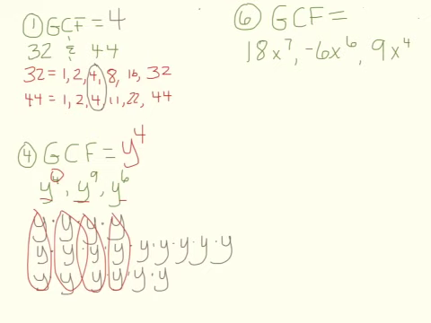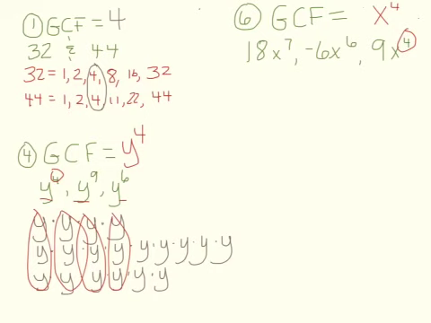Now on number 6, I've got both numbers and variables. So the first thing we want to do is find the greatest common factor between our numbers. And we know the greatest common factor between these variables, again, is the one that has the smallest exponent, so they all have at least 4 x's in them. So I know right now that the greatest common factor for sure is something times x to the 4th.